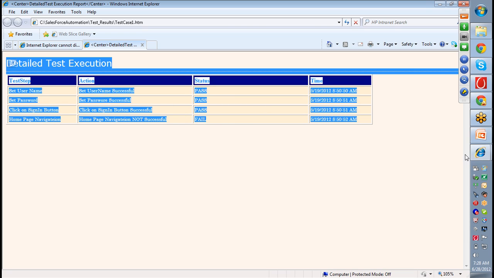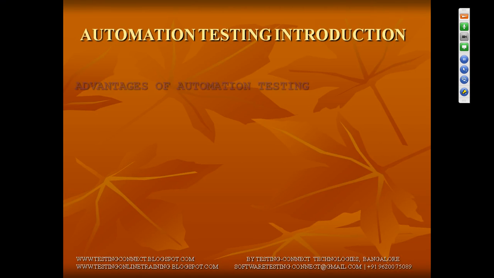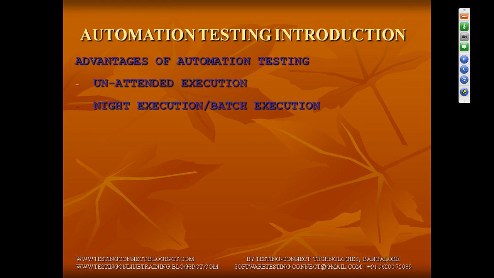This is the kind of results it will be generating while executing. You can consider this unattended execution. Unattended execution means you don't touch anything manually; your automation framework takes care of each and everything.